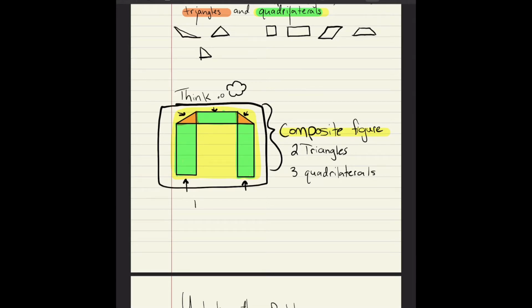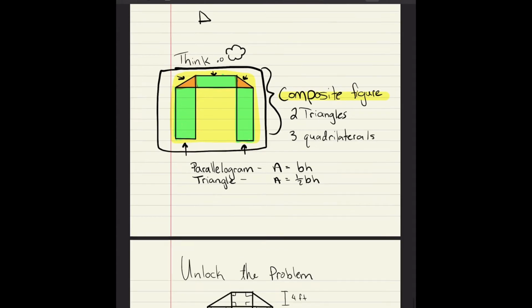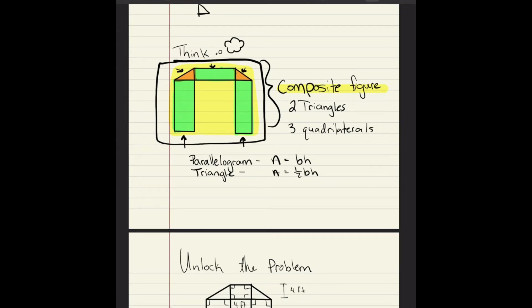So let's write what we know. So we know parallelogram, the area equals base times height. That is our basic shape. Then from a parallelogram, we go into a triangle, which is area equals 1/2 base times height.